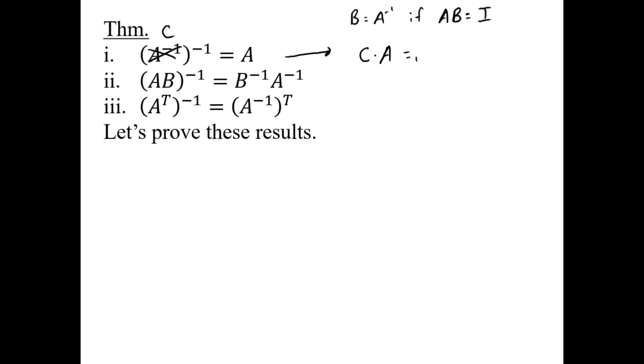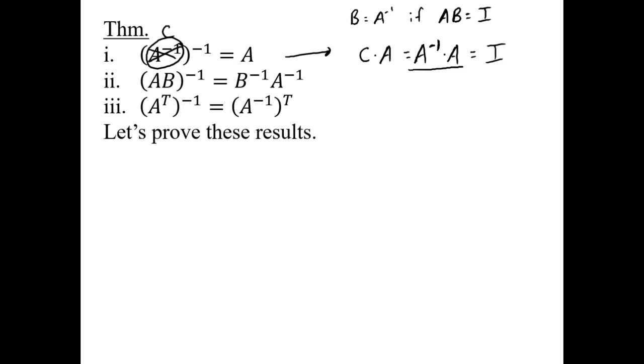Okay, now, what was C? Well, C was A inverse. So I'm going to replace it with A inverse. Now remember, I'm claiming that this is true, but we're trying to show it. We're trying to prove it. So now let's take a look at this. If I took A inverse and I multiplied it by A, I'm definitely going to get the identity matrix, right?